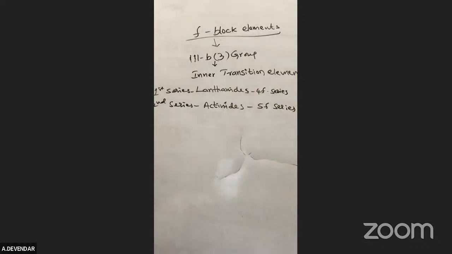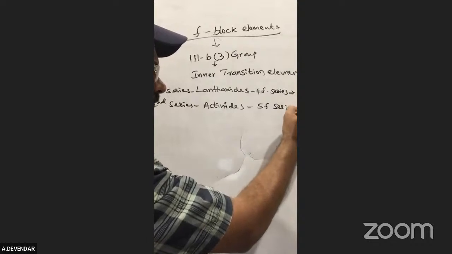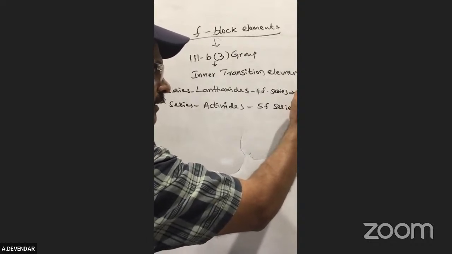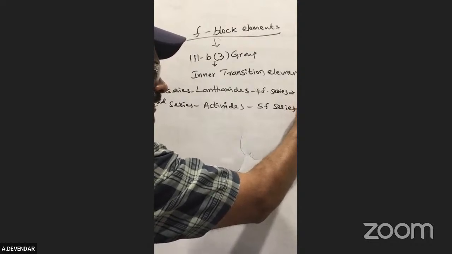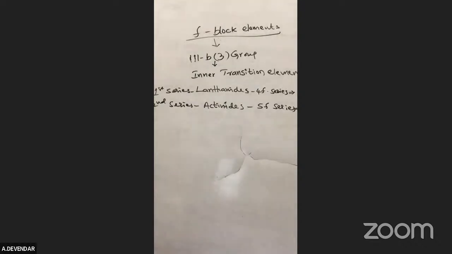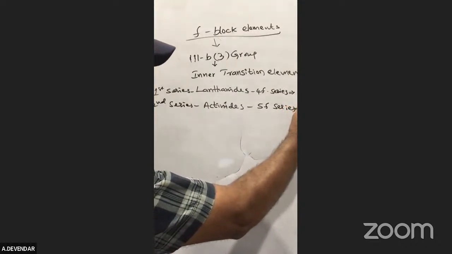The 4F series consists of the elements cerium to lutetium. These are the 14 elements present in it, and the actinides are actinium to lawrencium.